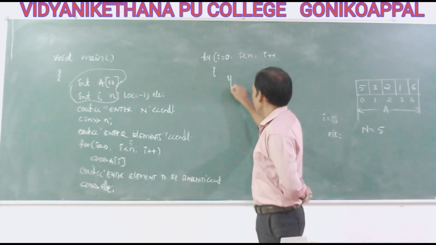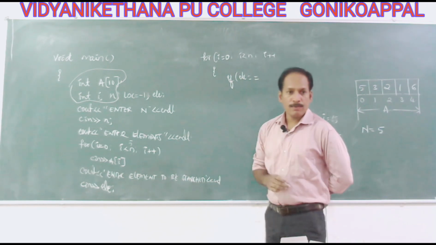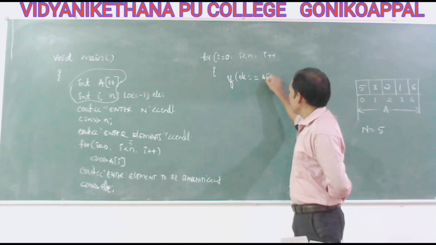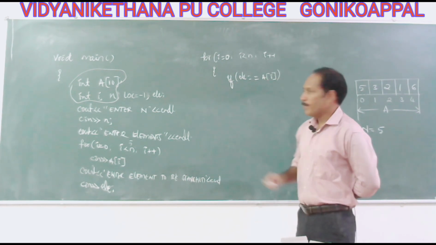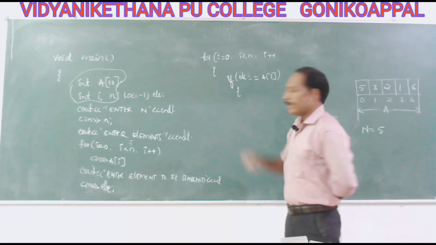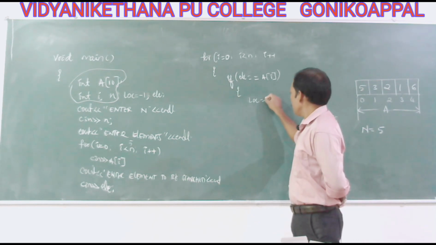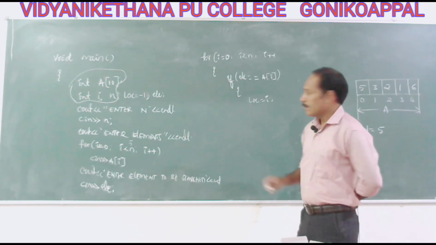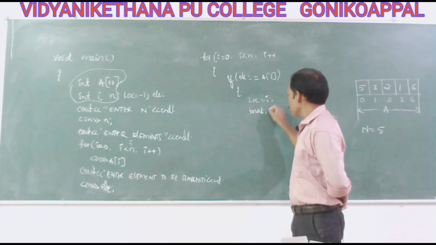If the element you are looking for equals, we have to use double equals, the relational operator for comparison, A of I, the element you are looking for, and the element from the array are the same, then there are 2 steps. One, copy this I to LOC, and then terminate, break. That is what we do.